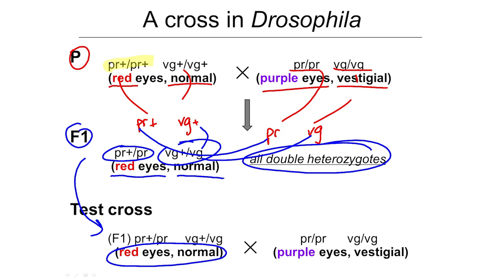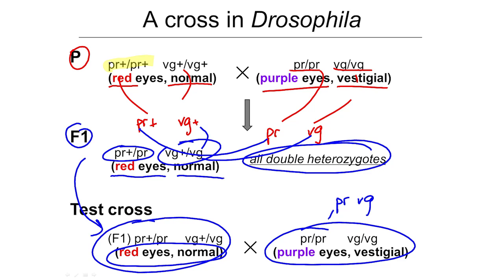We know the genotype here, but the reason we're doing a test cross is because this individual can only, no matter what, make gametes like this, right? So since whatever gametes this individual makes are going to be meeting up with this type of gamete, really what we're doing is seeing what gametes are being made over here.